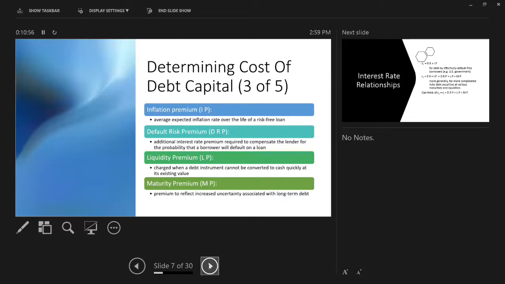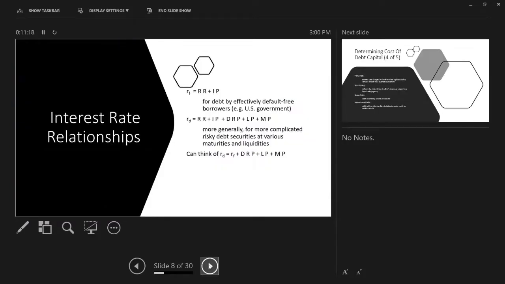As the duration of the loan increases, the uncertainty also increases. If you settle the loan in a shorter time, it's better, because the uncertainty will be lower. The longer the term, the more the uncertainty. So the maturity premium, MP, will also be taken into the formula.